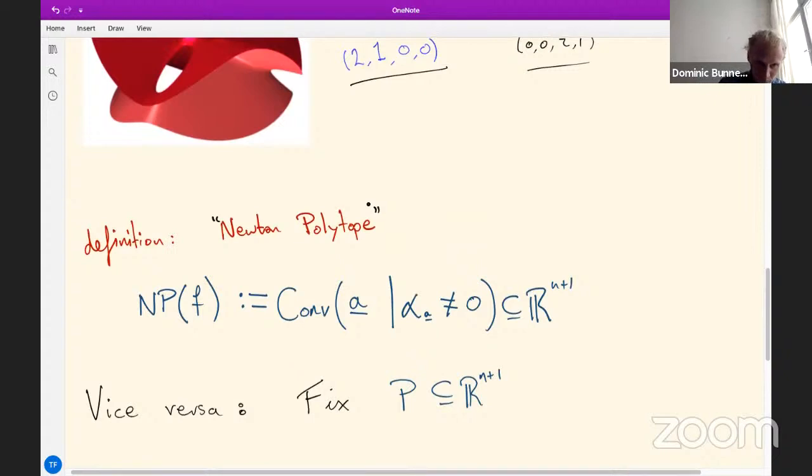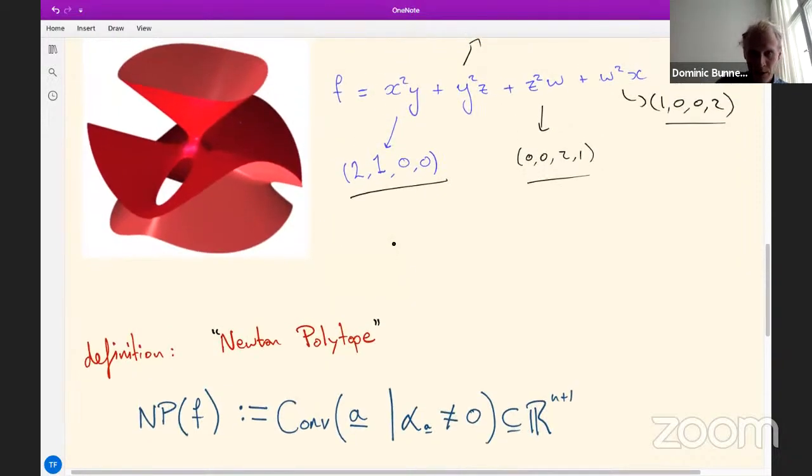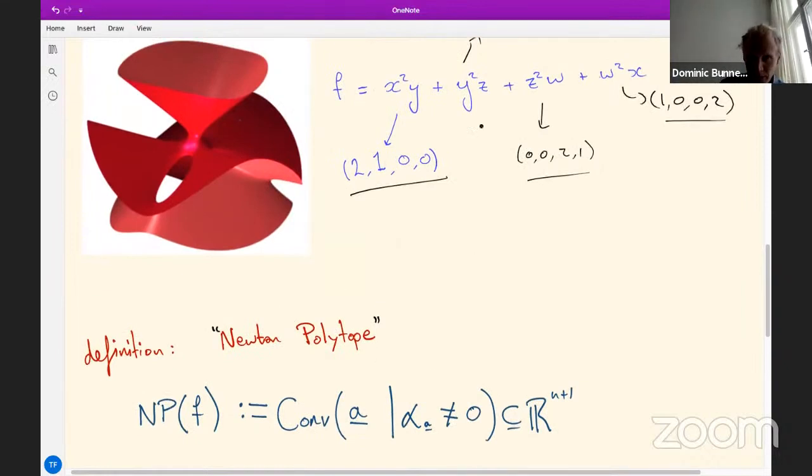And in this way, we define the Newton polytope associated to this hypersurface. For a Newton polytope, we do exactly the following. We look at f here, and we look at all of the monomials with non-zero coefficients. We take their corresponding vectors, and we take the convex hull.